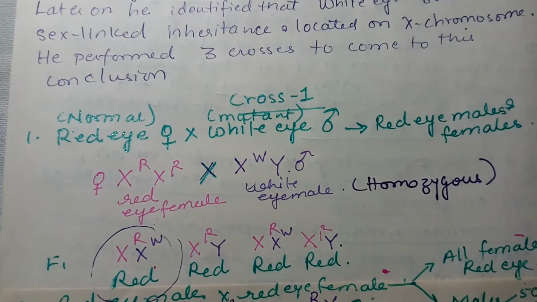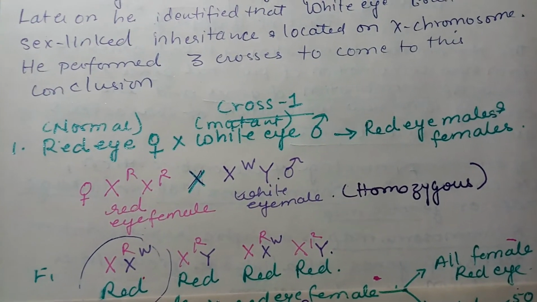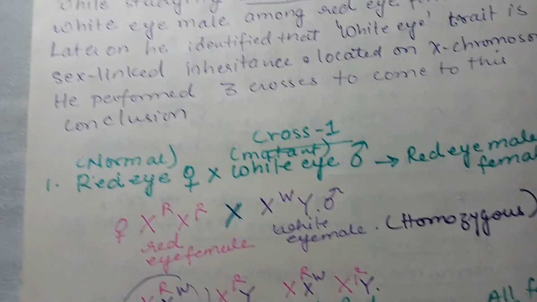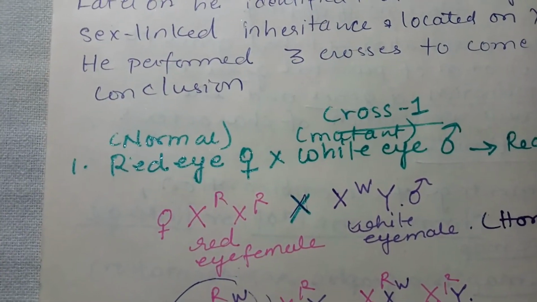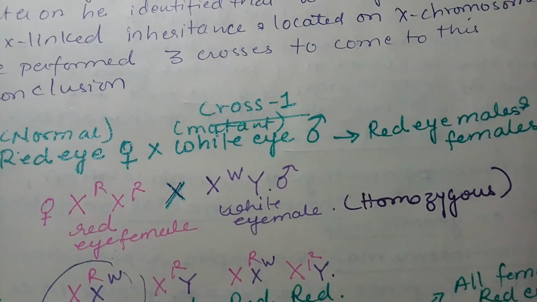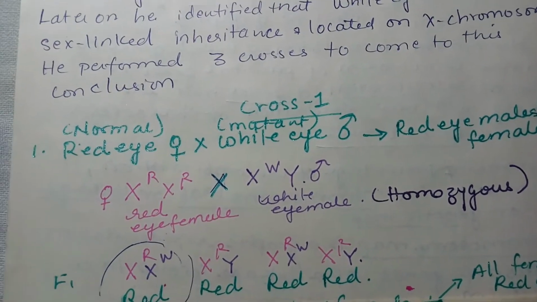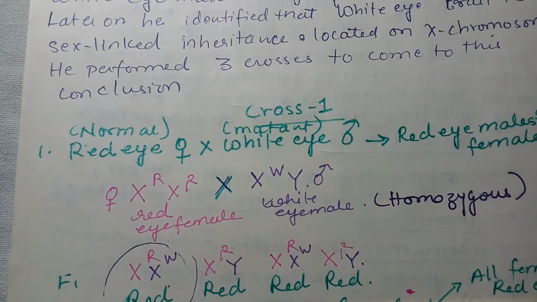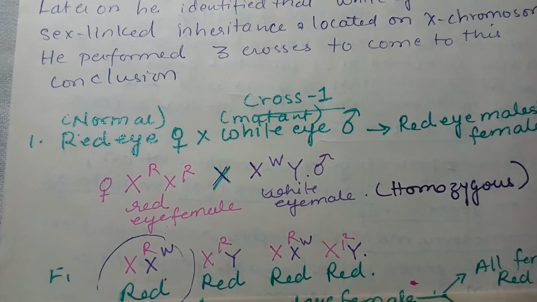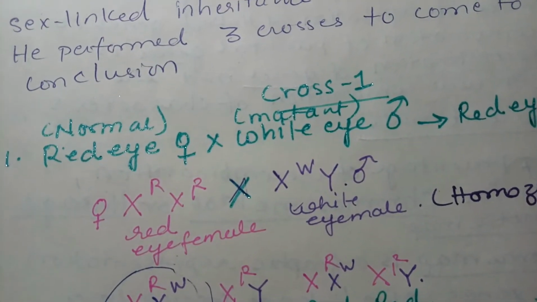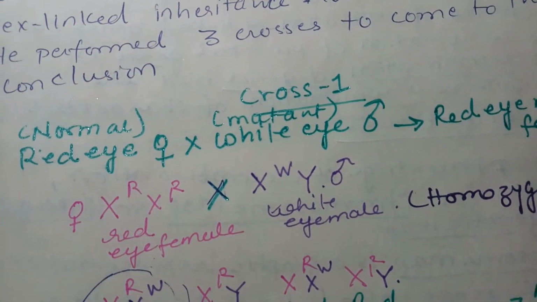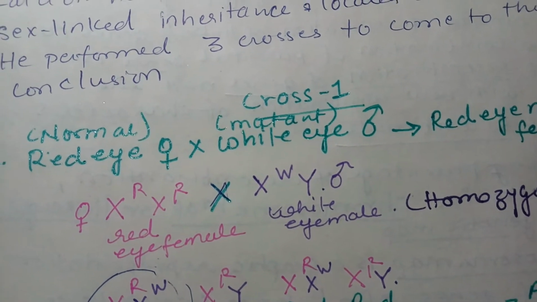So the first cross is done between homozygous white and homozygous red, where a red-eyed female is crossed with a white-eyed male. Since we are studying sex-linked inheritance, the cross will be represented in X and Y form. We have already done that.